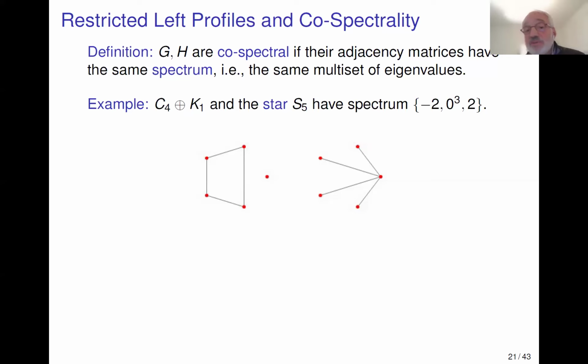The two graphs you see in this picture are the smallest graphs that are cospectral without being isomorphic. One is the cycle with 4 elements, disjoint union with a single isolated node, and the other is the star with 5 nodes. You can show that these two graphs have the same spectrum, and the eigenvalues are -2, 2, and 0 with multiplicity 3.